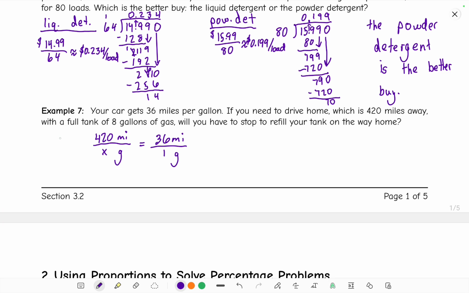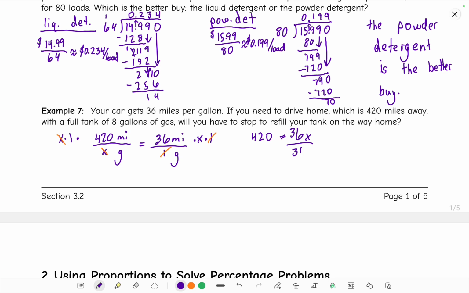So here's where I'm going to multiply both sides by x and 1. It's a little silly to multiply by 1, but we'll just do it so we don't forget to do it in the future. On the left-hand side, the x's cancel out. You get 420. On the right-hand side, the 1's cancel out. We get equals 36x.